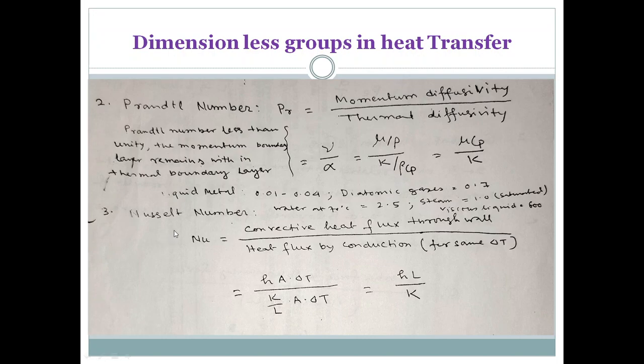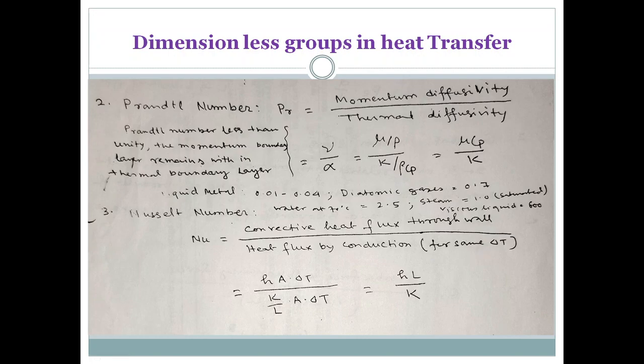Thereafter, another important number is the Nusselt number. Here, it is the convective heat flux through the wall divided by the heat flux by conduction for the same delta T. Whatever heat transfer is happening by convection, what would it be if it occurred by conduction?